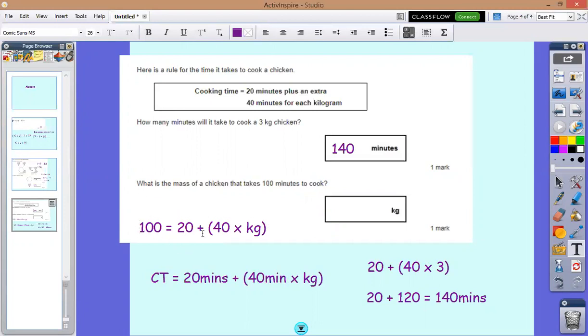Now, what I've got here is 100, so I'm going to take away 20, because that's add 20, so I'm using my inverse operation. So 80 now equals 40 times how many kilograms? And already, if you've worked it out, 40 times 2 equals 80, so my answer there is 2.